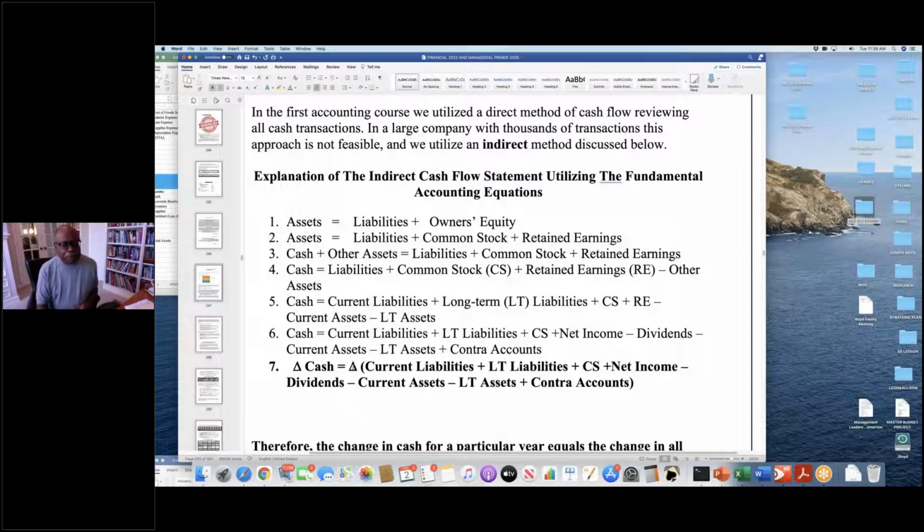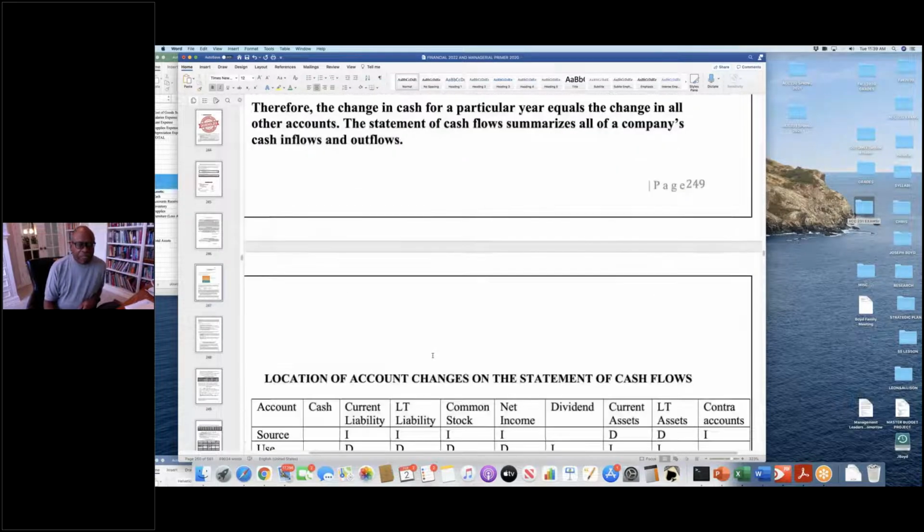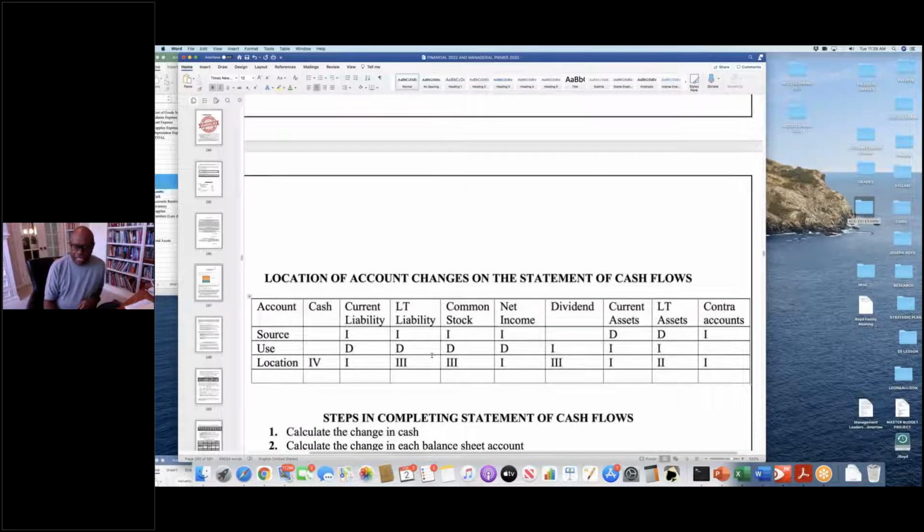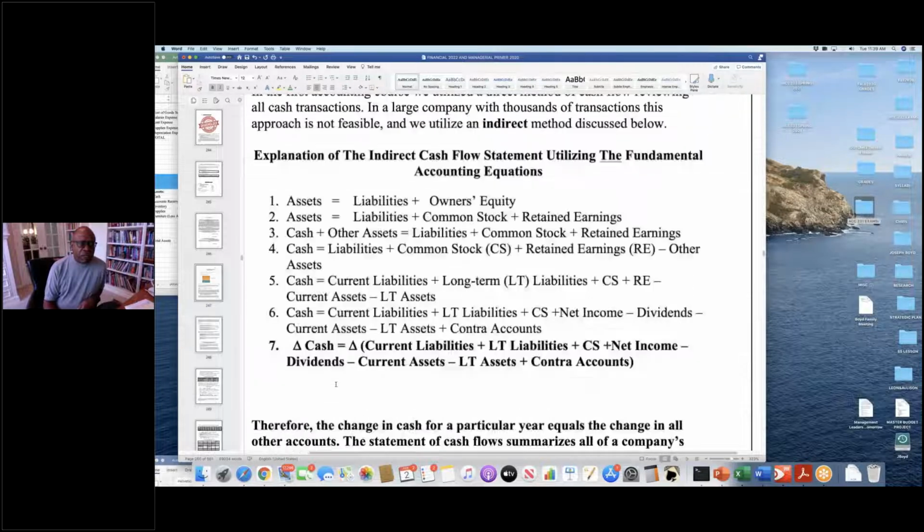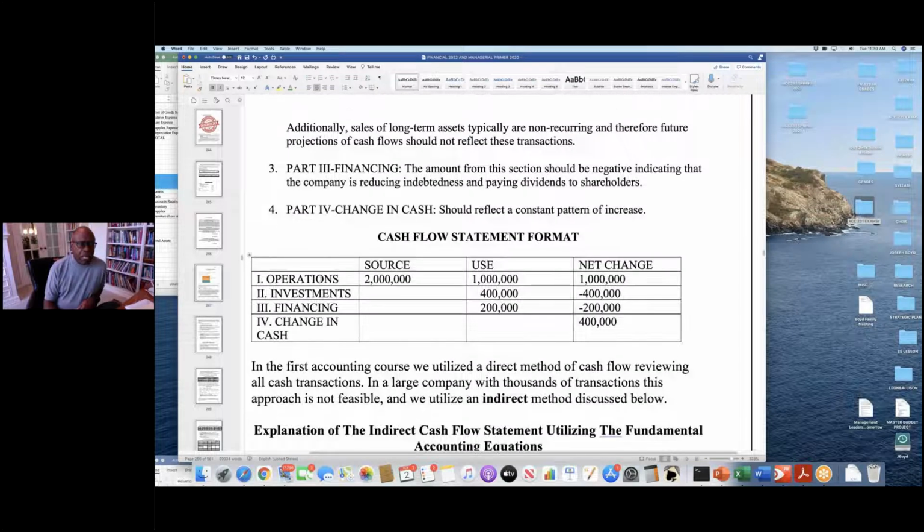Okay. Now we've got to see where we're going to put these changes. Our answer is cash. That's in part 4. Remember, there are 3 parts to the cash flow statement: operation, investment, financing, and then change in cash.